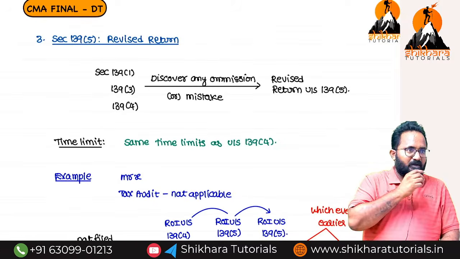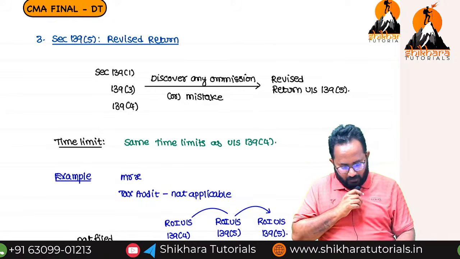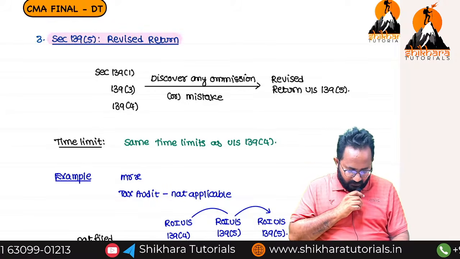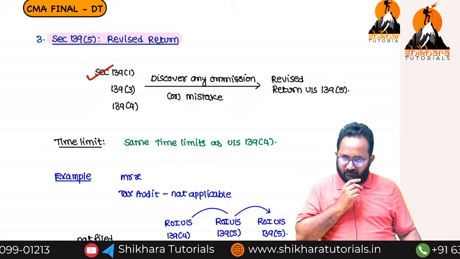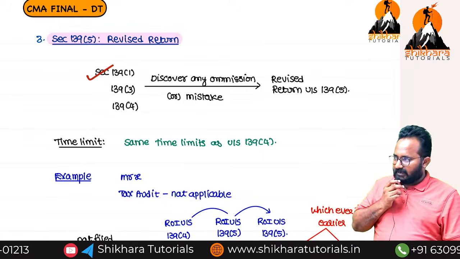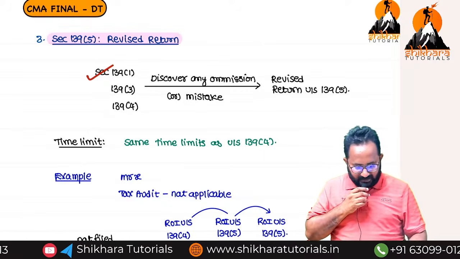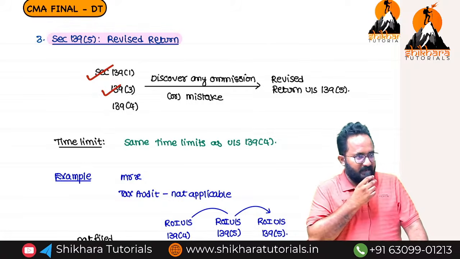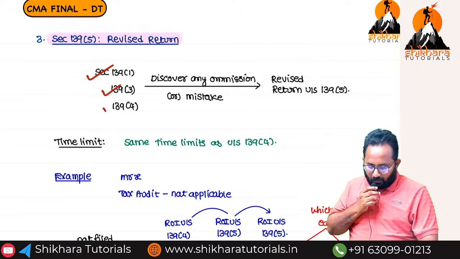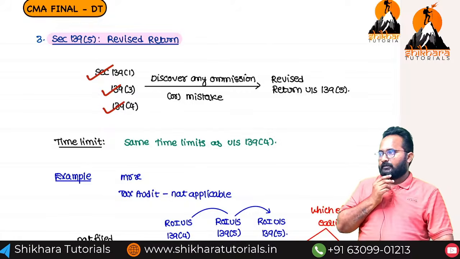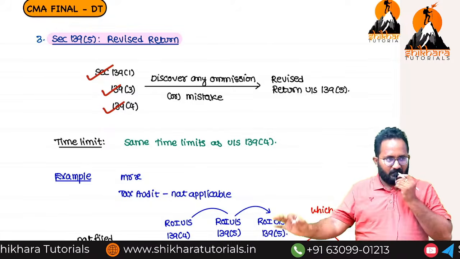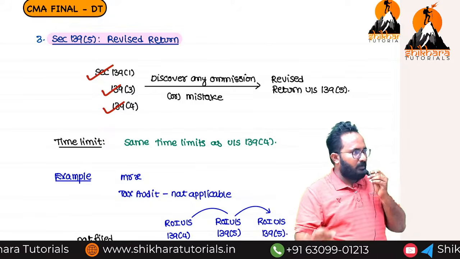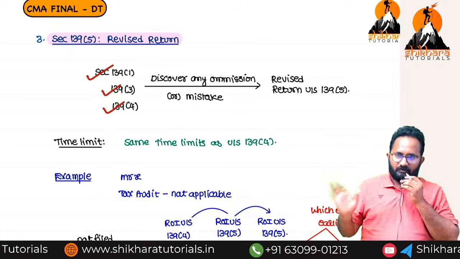Revise means nothing but what? Change. Sir, already we filed the return under 139(1). Next, belated return or loss return we file. Any return also, original return, belated return, loss return. Already we filed.